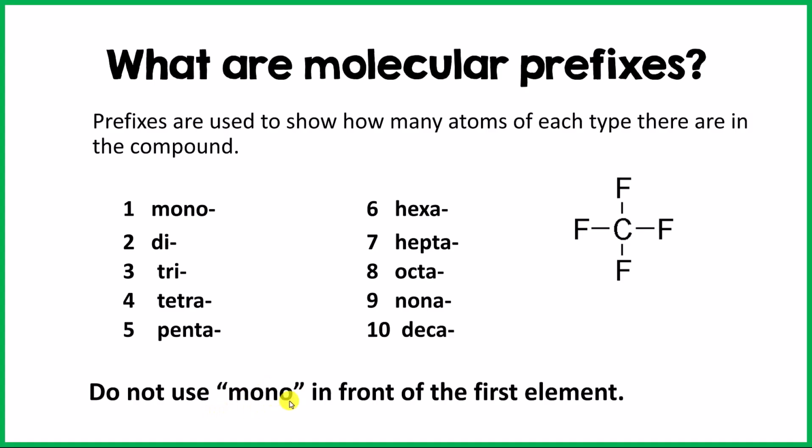Since we're not going to use mono in the front of that first word, this is going to be just carbon for our first word. And then the second word is our 4 fluorine atoms, and 4 is tetra. So this is going to be carbon tetrafluoride.